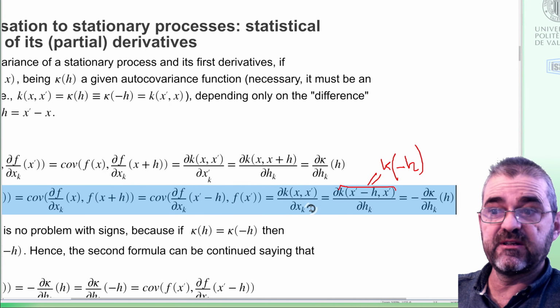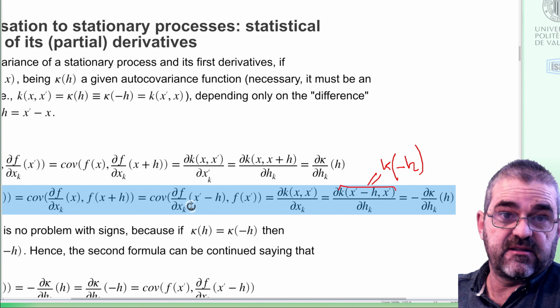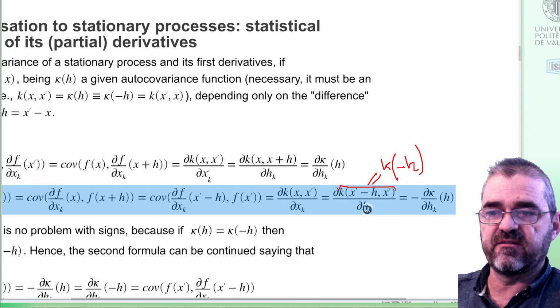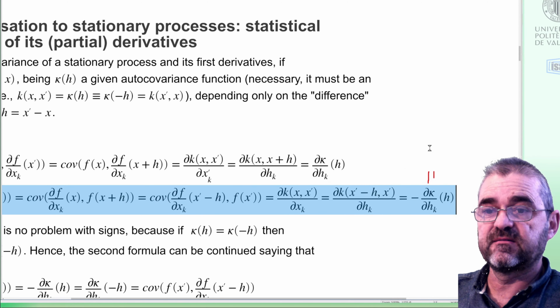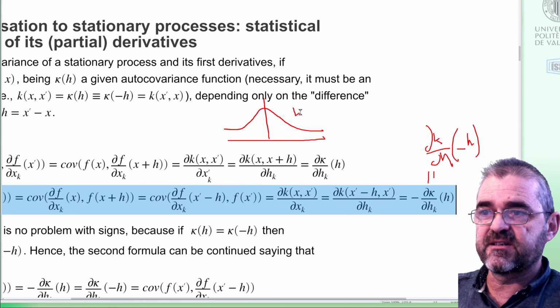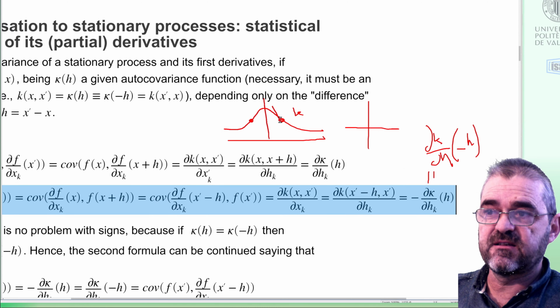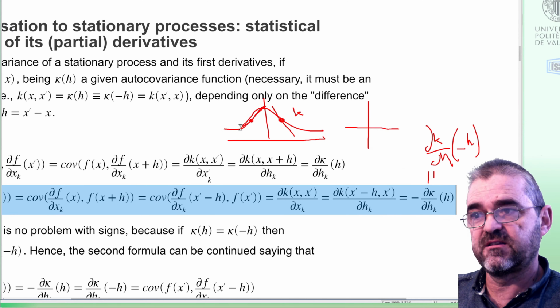We apply the formula, in this case the derivative with respect to the first argument as we put here, but it's essentially the same as above. This is kappa of minus h, so the derivative with respect to the kth coordinate of this first argument is just minus the partial derivative of kappa, which in fact is the same as evaluating the thing above at minus h, because if this is kappa, then the derivative at a point h is just by symmetry the derivative at minus h changing sign.